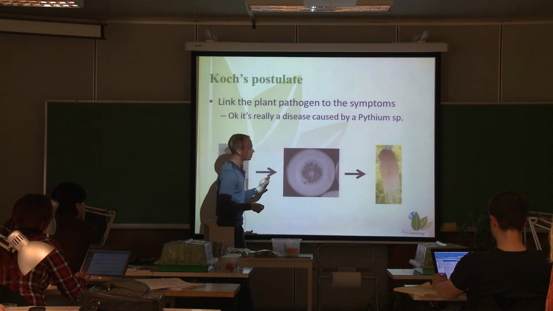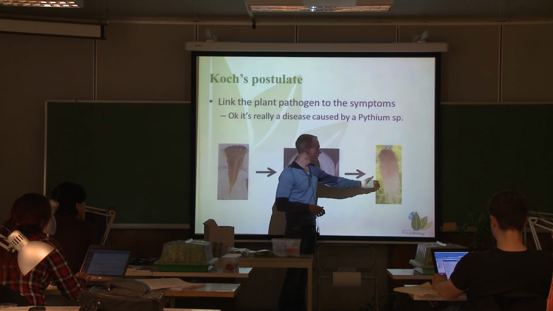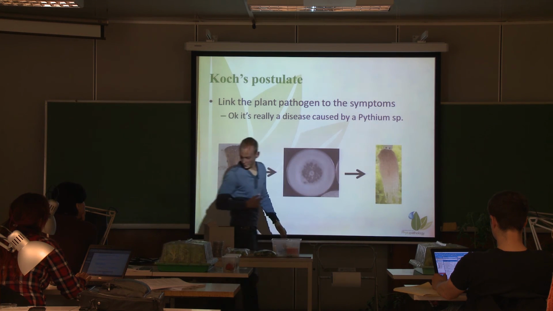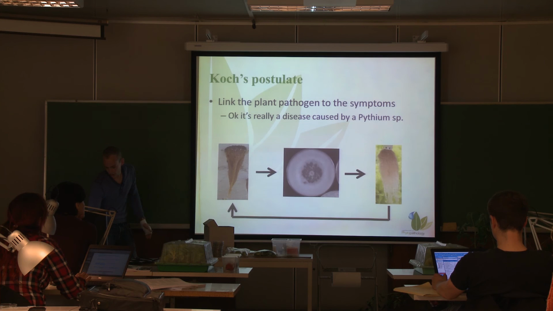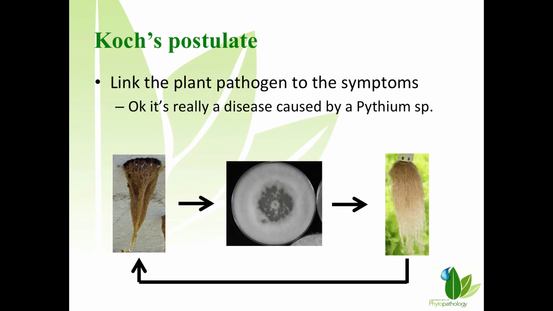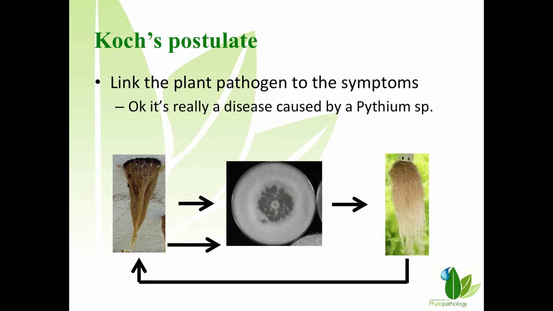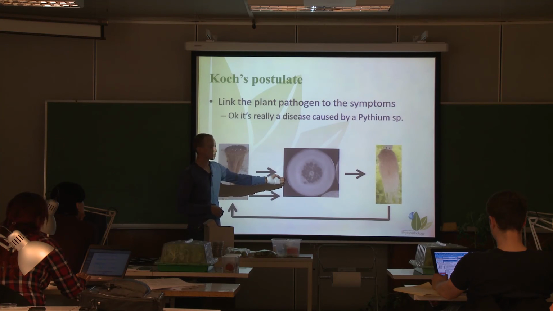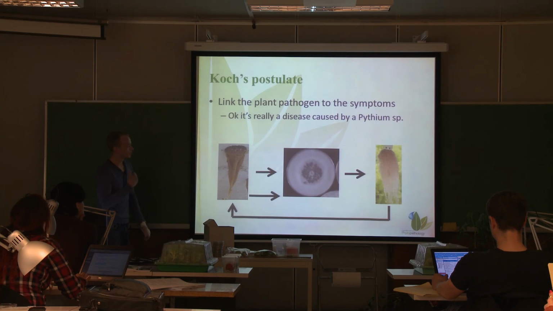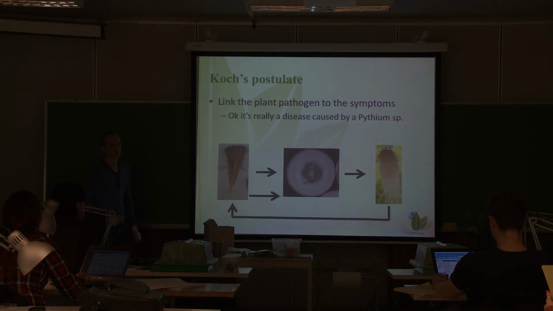After, you need to inoculate healthy woods and see if the symptoms newly appear. And after, you need to do a new isolation and one more time make an identification of your pathogen.